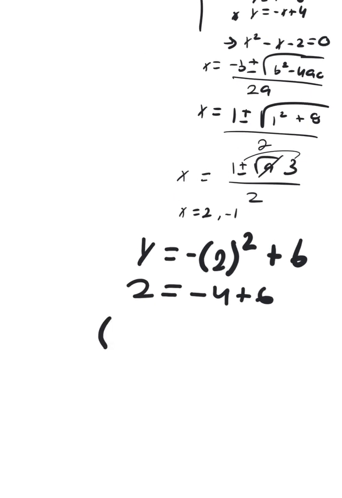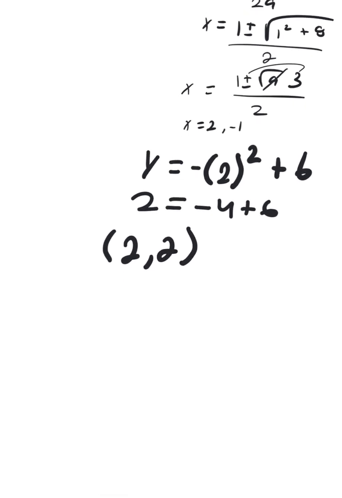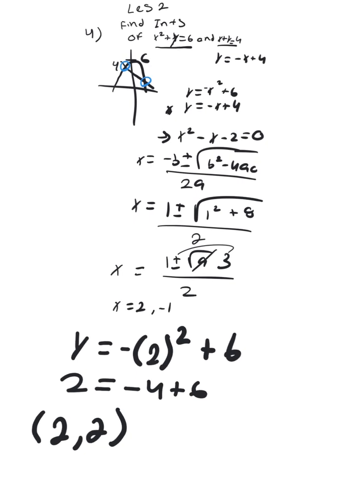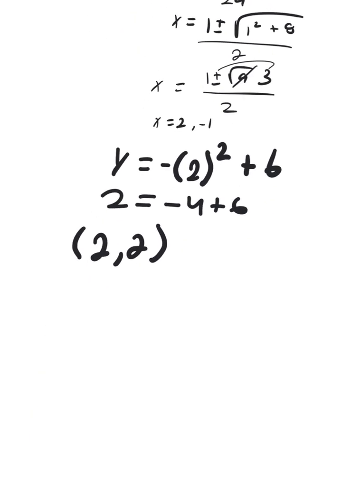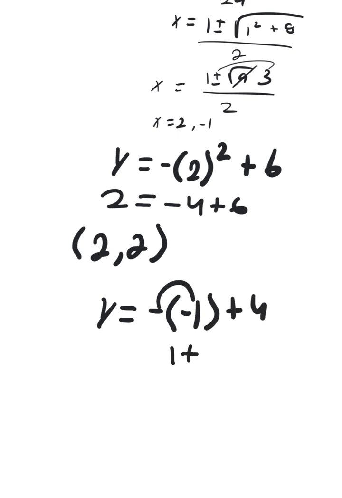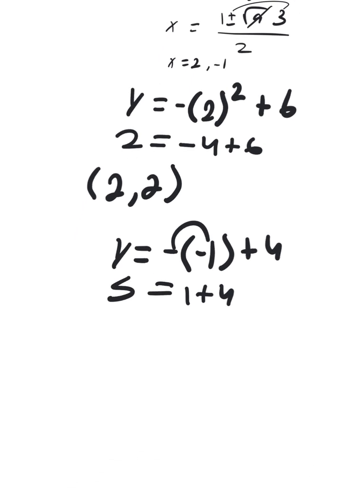So when x equals 2, y also equals 2. And now let's find for when x equals negative 1. Okay, so y equals negative negative 1 plus 4. Negative times a negative makes positive. 1 plus 4 equals 5. So when x equals negative 1, y equals 5.